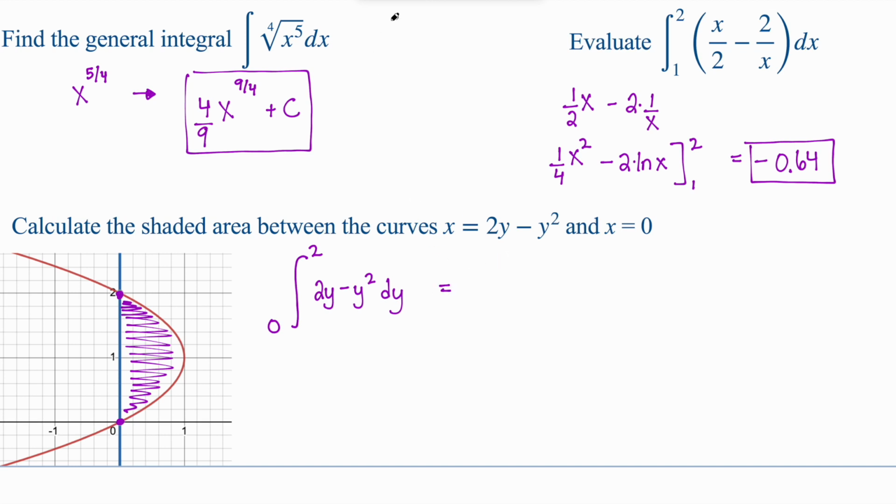So to find the integral, it is going to be y squared, but I have to offset it by a half. So 1/2 and this 2 cancel. And then it's going to be y cubed, and I have to offset it by a 1/3. And I'm going from 0 to 2. So I'm going to get 2 squared minus 1/3 times 2 cubed minus 0. And I will get 1.3 repeating.